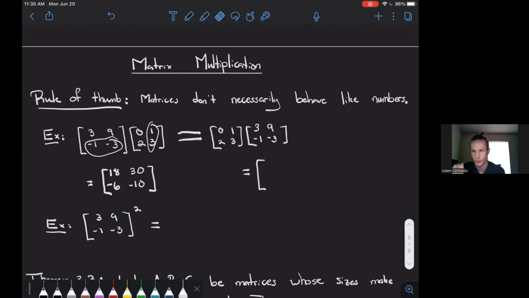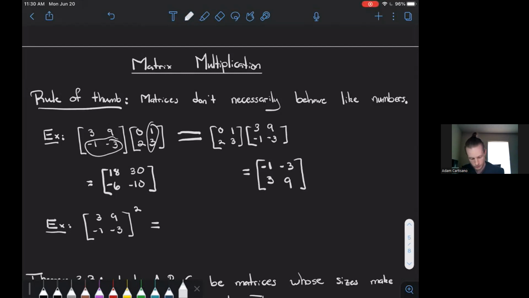I don't know why I fill the columns, but it just is what I do. That's what I learned. Okay, so 0, 3, 0, -1, -1. 3 times 2 is 6, -3 is 3. 9 times 0 is 0, -3 is -3. And 9 times 2 is 18, -9 is 9.